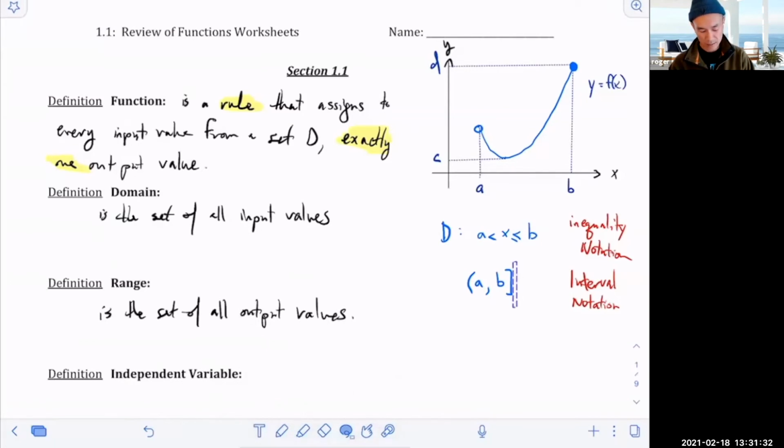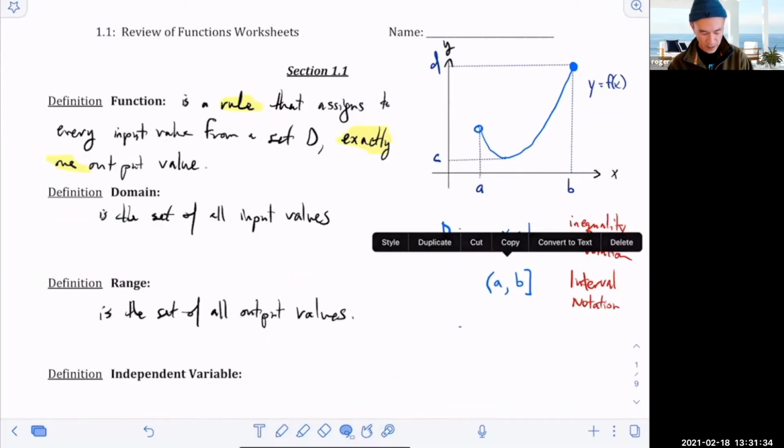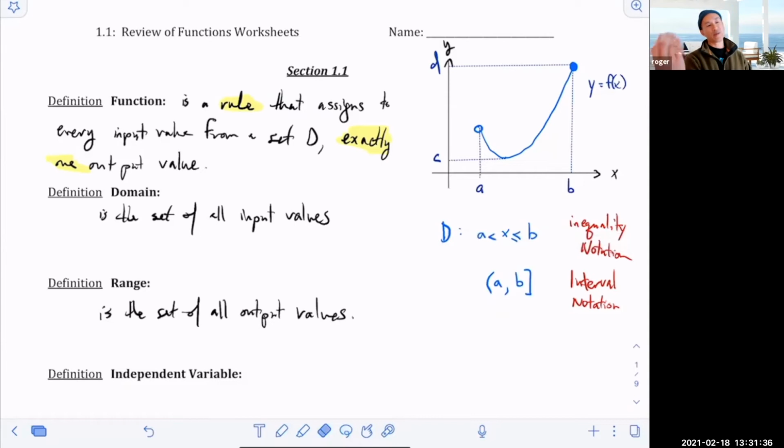All right, good. So the range is going to be the set of all the output values. Why don't we all write the range? You probably could tell what the range is, right? The range is all the Y values, those are all the output values.